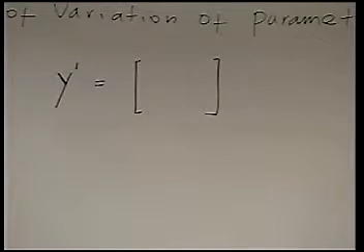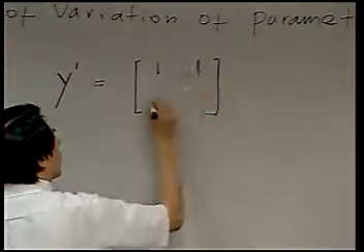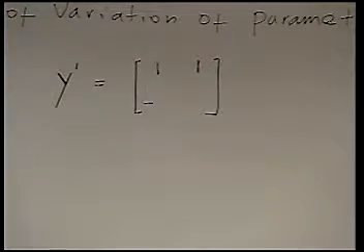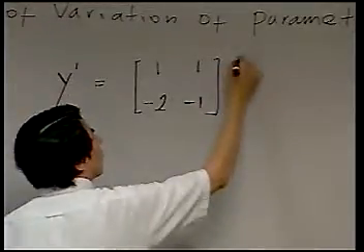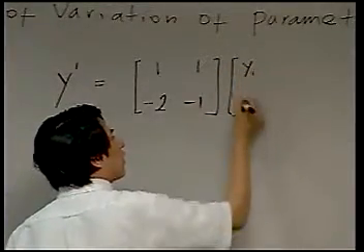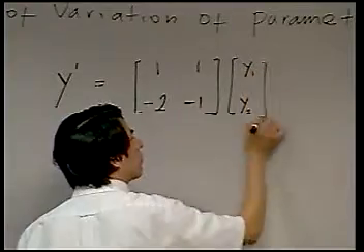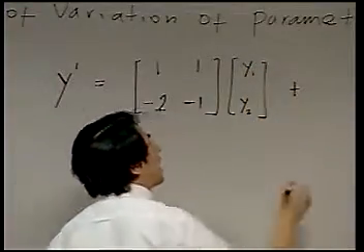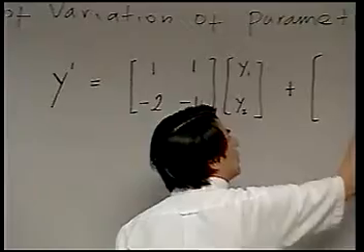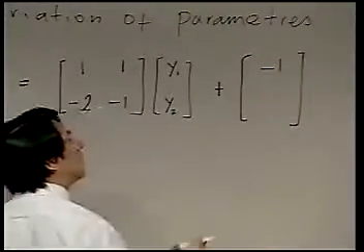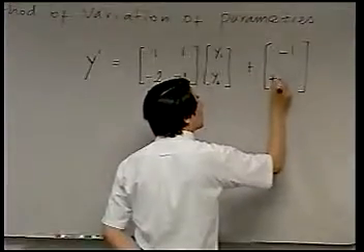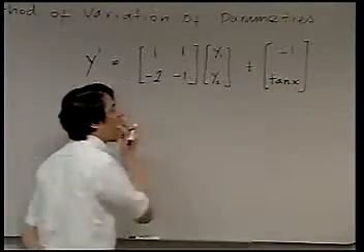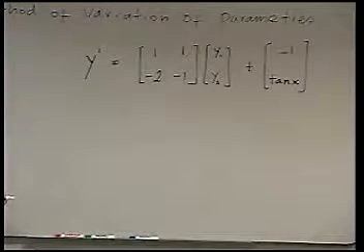The matrix is 1, 1, -2, -1, multiplying y, which I'm going to call y1, y2, plus a b. In this case, for my b, I decided to use this nice little nonlinear term right here.